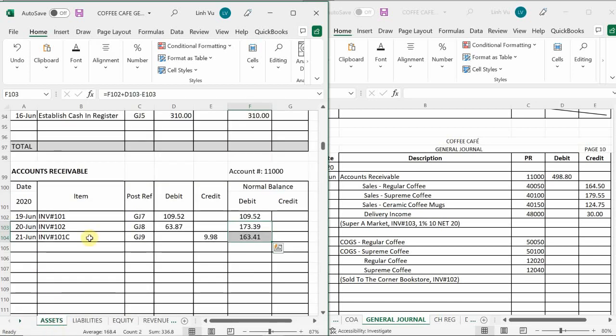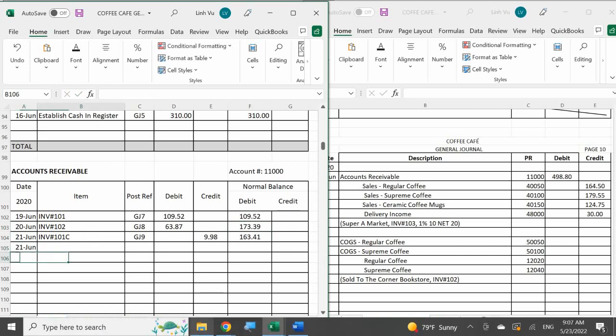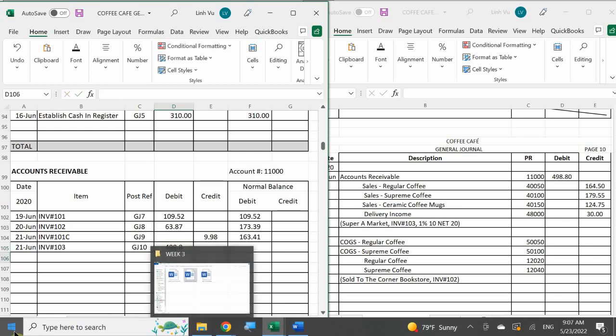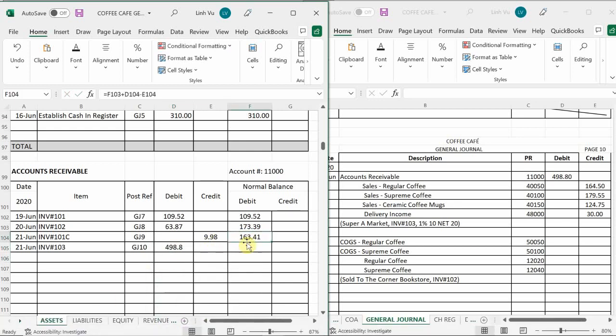Okay, so accounts receivable right here, that's where we left off. We sold something, so now we have invoice number 103, which increased the amount that people owe me by $498.80. So what is my new ending balance in my accounts receivable account?